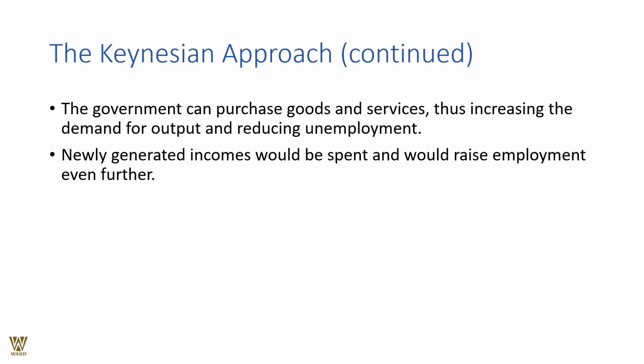The government can purchase goods, one way to induce prices or settle the economy, thus increasing the demand for output and probably reducing unemployment. Newly generated income would be spent and would raise employment even further.